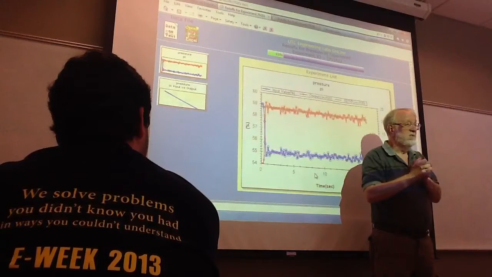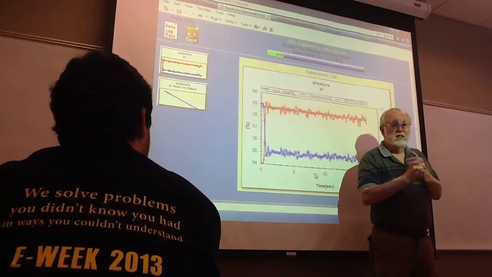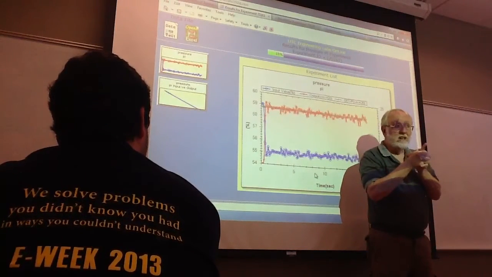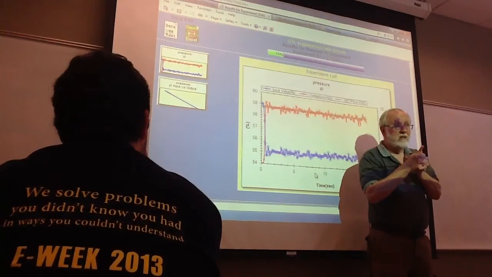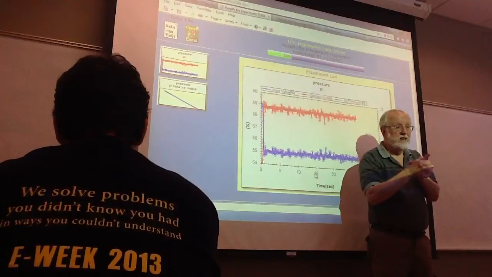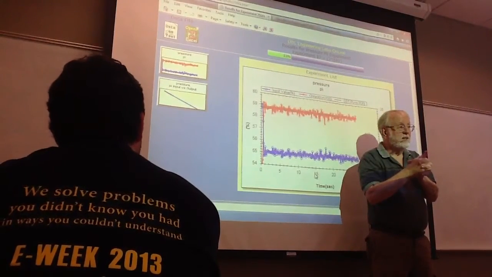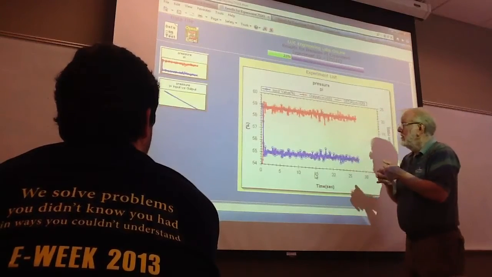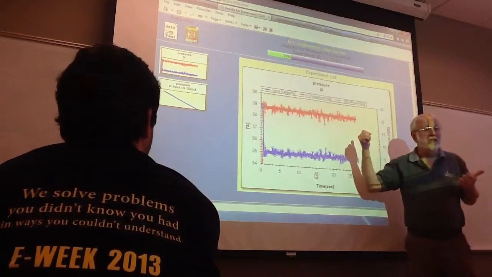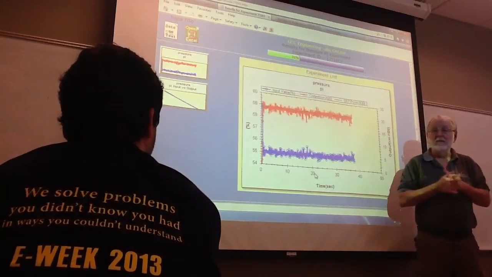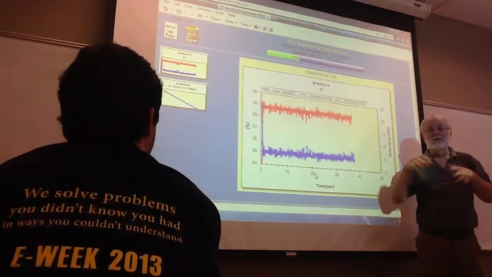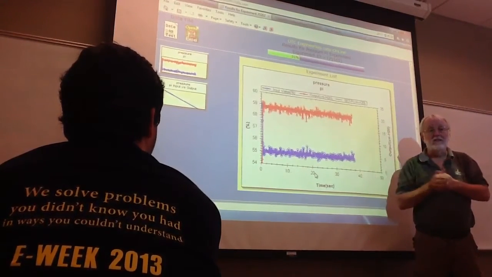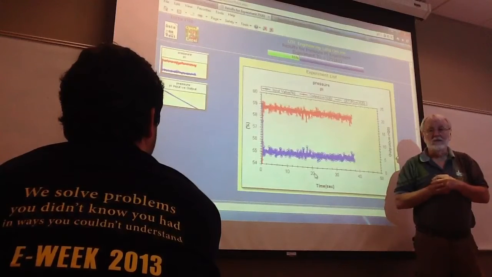The integral term, shall I refresh your memory, has K sub C over tau sub I times the integral of the error. So it's just like before, isn't it? This, in essence, with that value of tau sub I, is just a proportional controller.